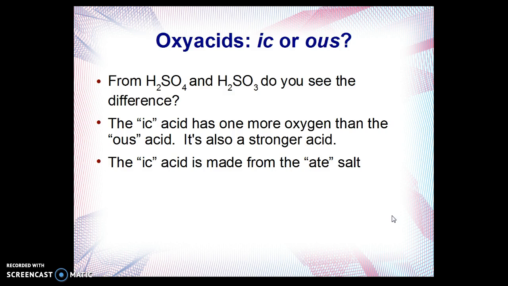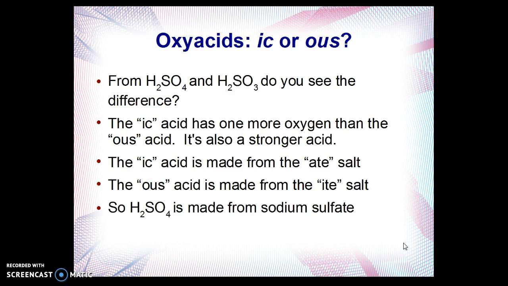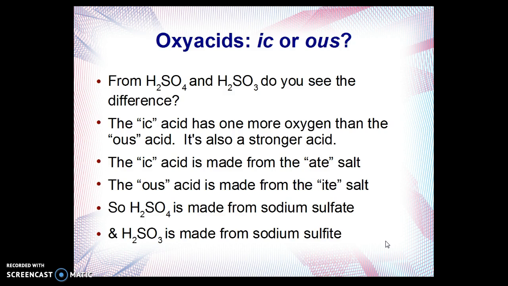The ic acid is made from the ate ion. In this case, sulfate makes sulfuric acid. The us acid is made from the ite salt. So the sulfite salt gives you sulfurous acid. H2SO4 is made from sodium sulfate. H2SO3 is made from sodium sulfite.